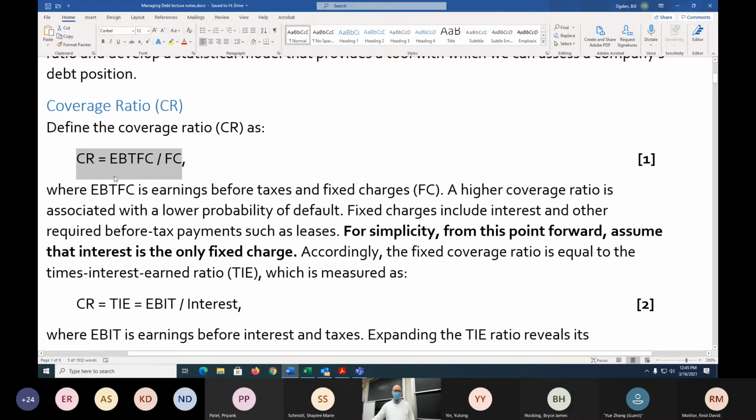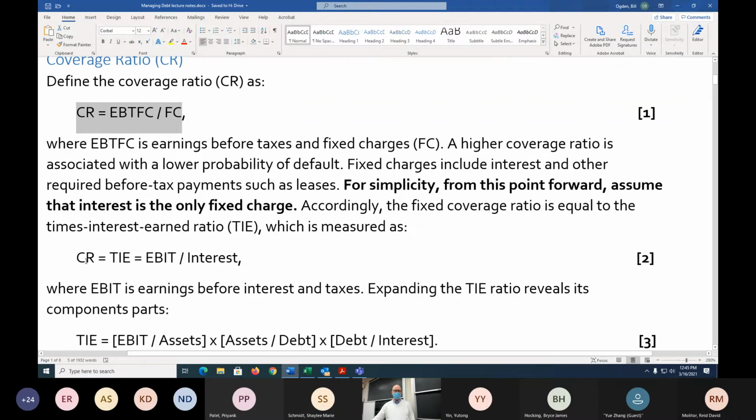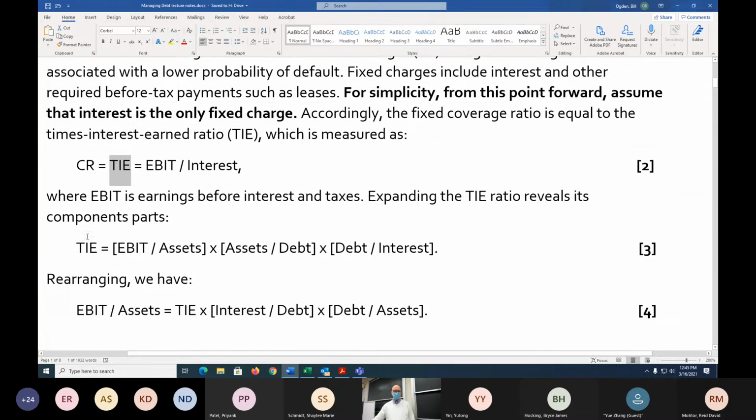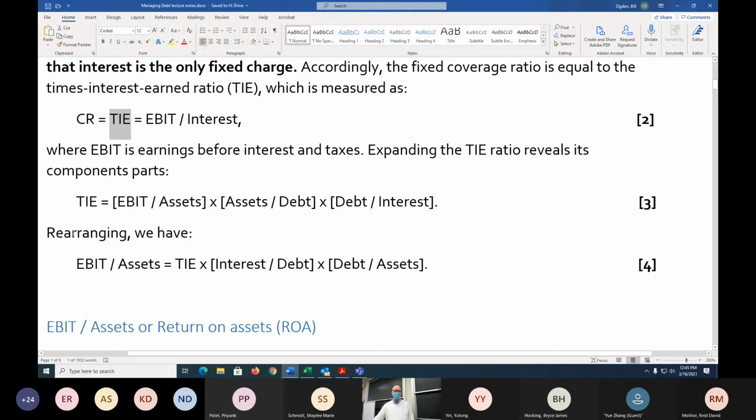Okay, so instead of EBT over fixed charges, the coverage ratio becomes the same as what you had in accounting 202, the times interest earned ratio, or EBIT divided by interest, where EBIT is the earnings before interest and taxes. So if you expand this, you see that the times interest earned has three parts to it.